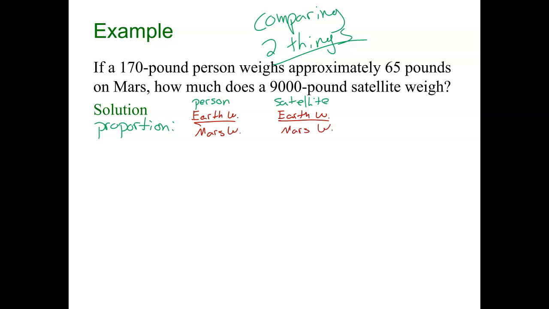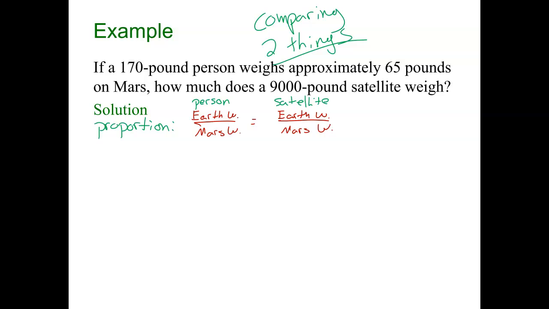Now there's a little bit of flexibility in the proportions. You can write them in varying ways. You'll still get the same answer, but what's important is that the numerators have to represent the same thing, but on two different things. Okay? So notice how both numerators are Earth weight. Both denominators are Mars weight.